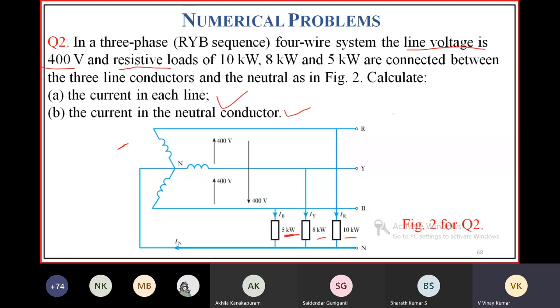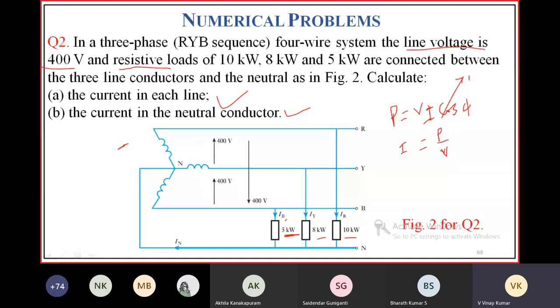Power P is equal to VI cos phi. Anyhow, it is a resistive load, so cos phi is equal to 1. So I is equal to P by V. V is common to all, V is 230 volts.